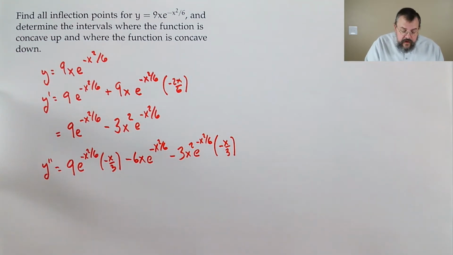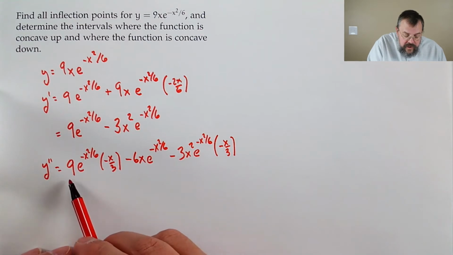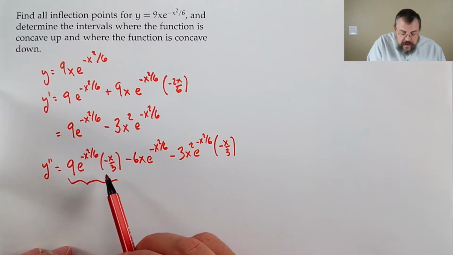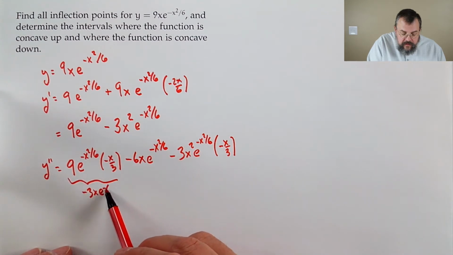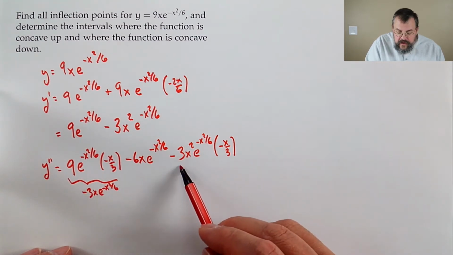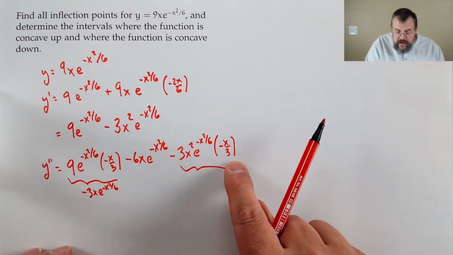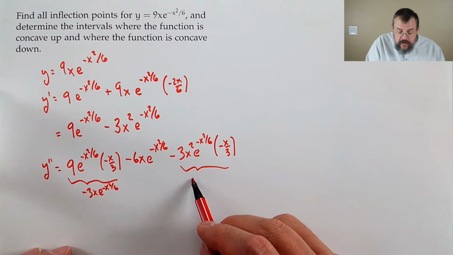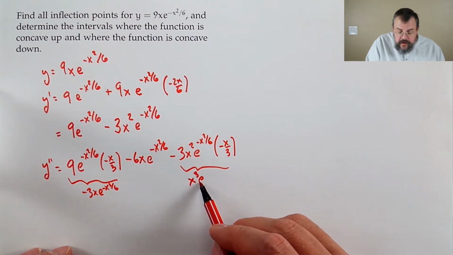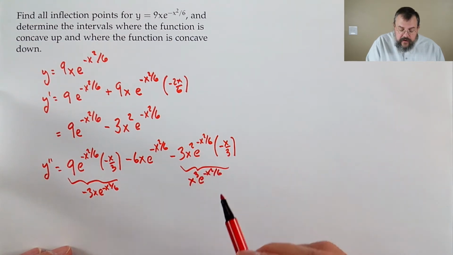So, let's see, what do we have? Well, here, 9 and the third would really make this minus 3x e to the minus x squared over 6. And on the end, the 3 and the third cancel. Minus minus cancels. So really this is simply x cubed e to the minus x squared over 6.